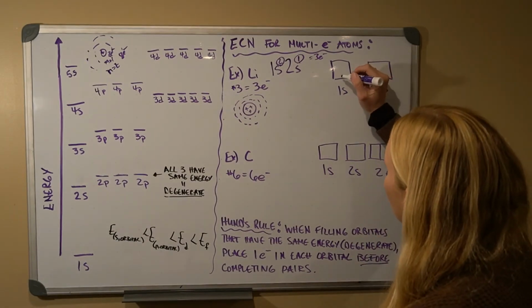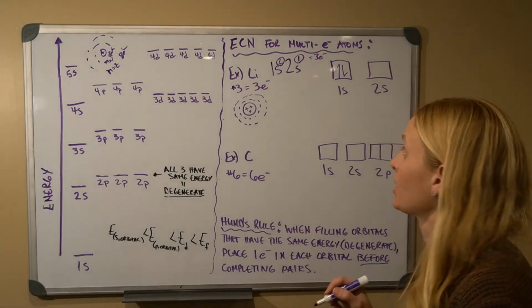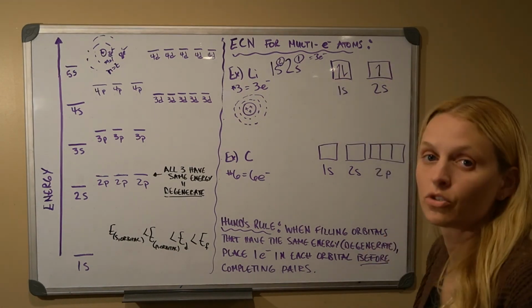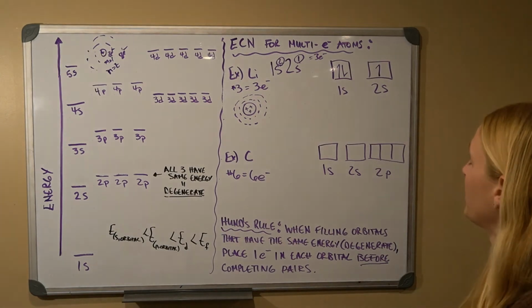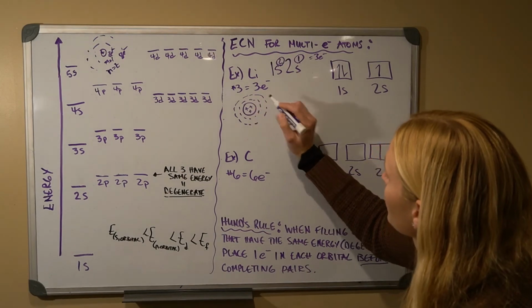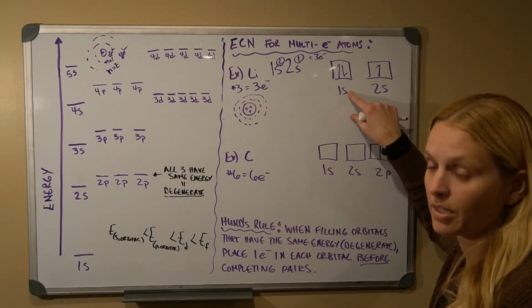In the orbital diagram, 1s2 has 2 electrons there. When they pair, they have opposite spin. And the 1 electron is represented just by 1 in the 2s box. Remember, in the s orbitals we can only have 2 electrons, and in the first energy level all we have is an s-type orbital.